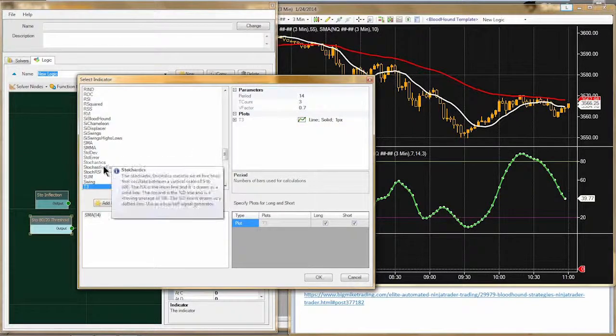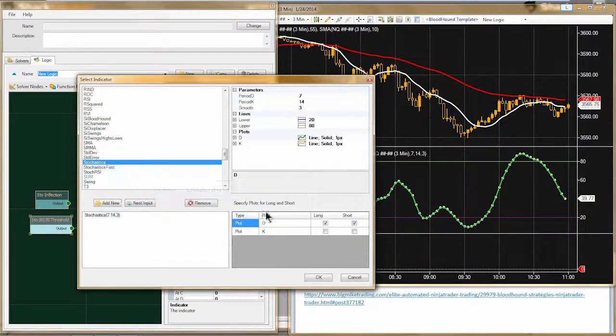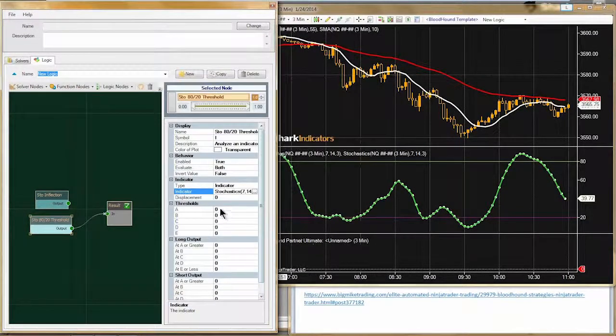So I'm going to load up the stochastics real quick. Alright, so we're looking for when the stochastic gets up into the 80 area or down into the 20 area. And hopefully you guys have noticed by now I made a critical mistake so far in that we can't have a 0 in between 80 and 20.